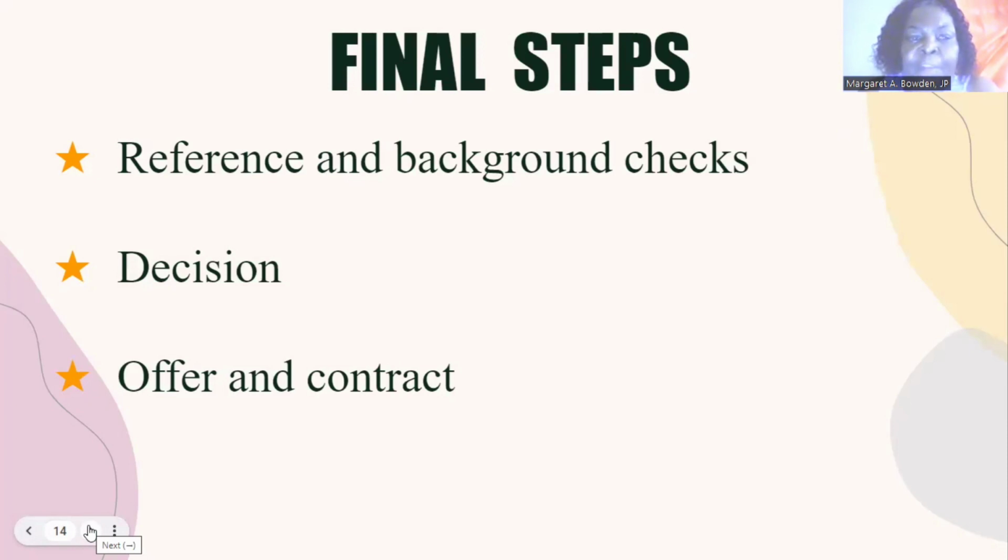Then a decision would have been taken after we have done all of that. And based on the decision that has been made, the successful applicant would have been given the offer and offered the contract. All right.